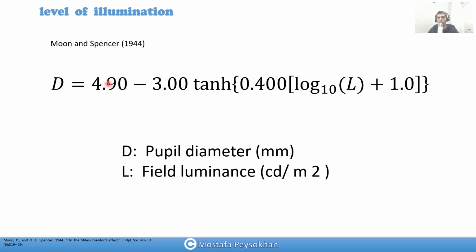Based on that equation, we have D = 4.9 minus 3 tanh(0.4 log10(L) + 1). If you put in all the numbers and those two coefficients, based on the change of field luminance, you can find the diameter of the pupil.